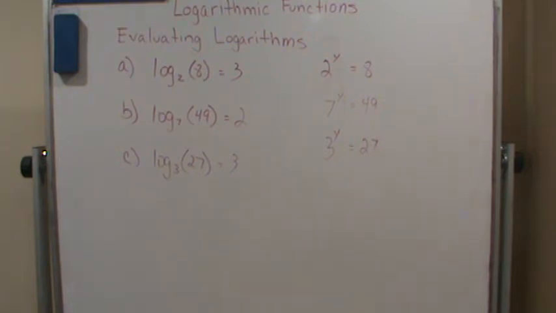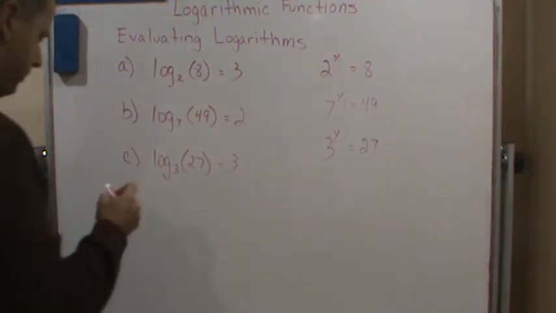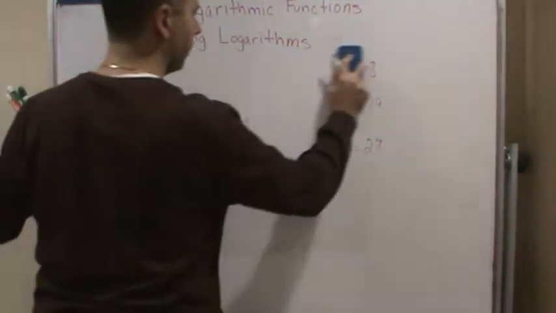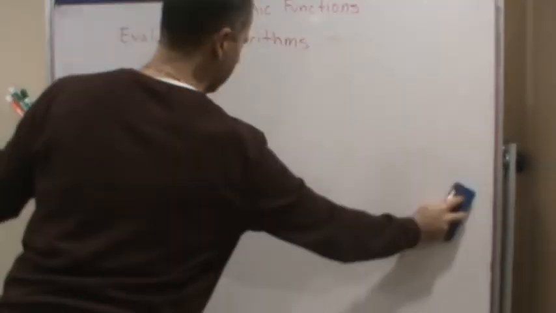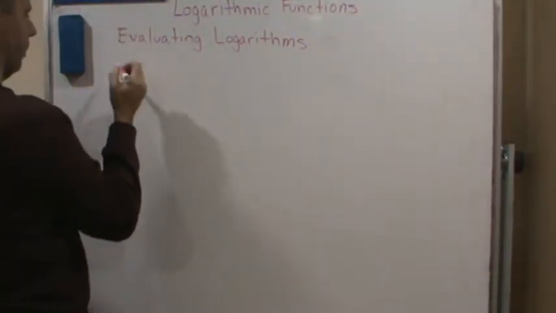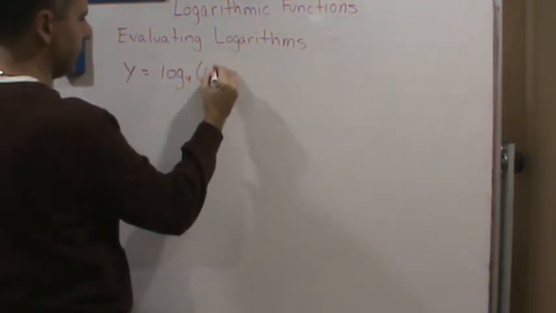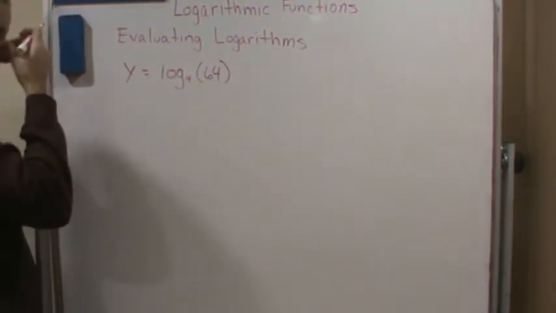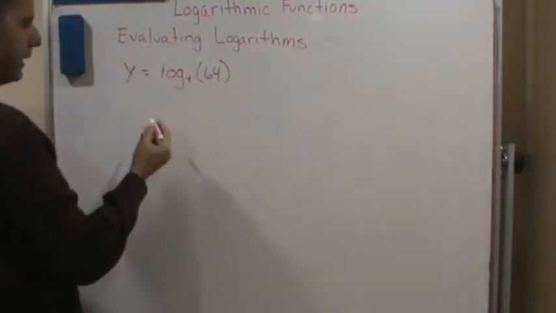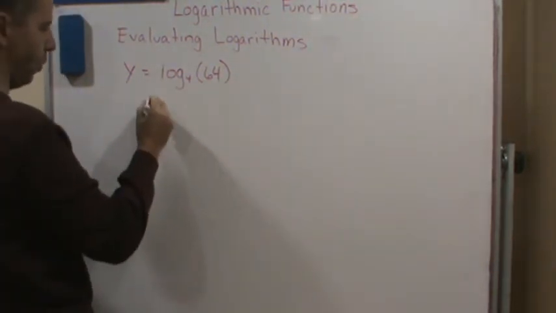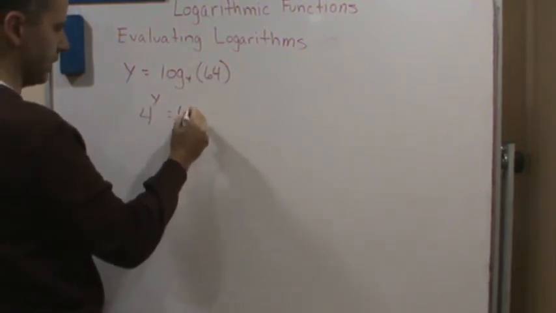So, for example, if I say y equals log base 4 of 64, and I want to know what that equals, well, I can write this as 4 to the y equals 64.